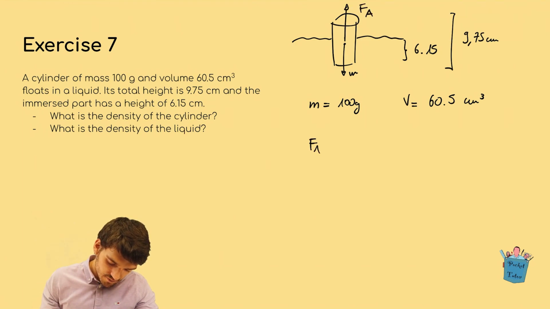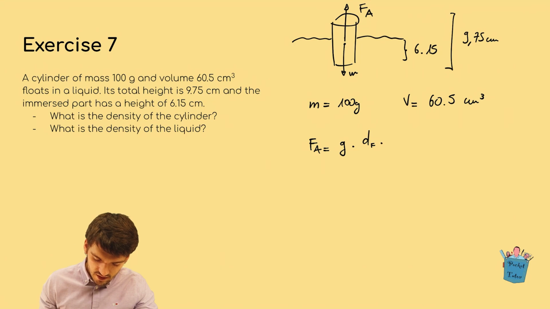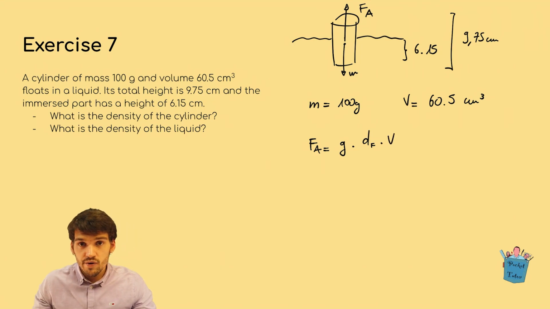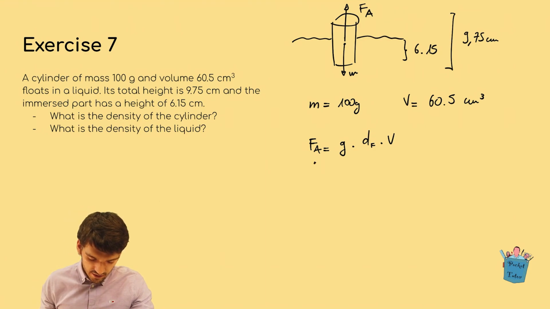Archimedes' thrust is given by G times the density of the fluid times the volume that is immersed, so the volume of the body immersed inside a fluid.